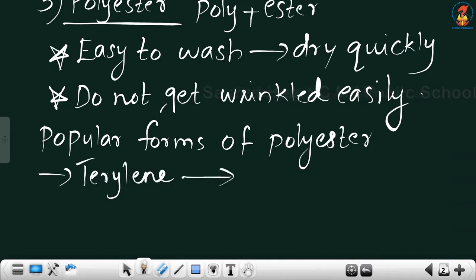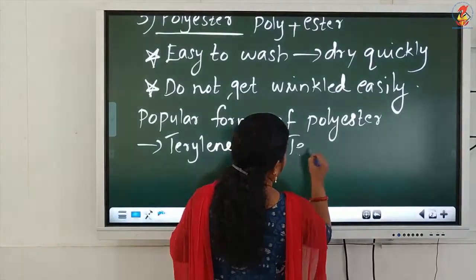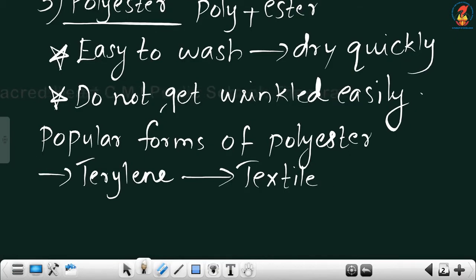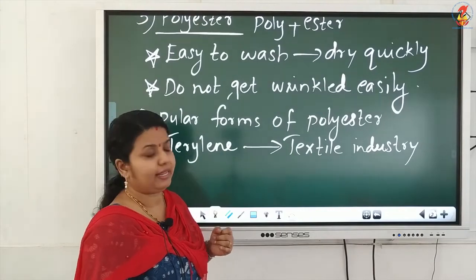Terylene is used for making shirts and other dress materials. It's mainly used in making textiles. So we can write terylene is used in the textile industry. So terylene is a popular form of polyester which is used for making shirts and other dresses. Or we can say it is widely used in the textile industry.